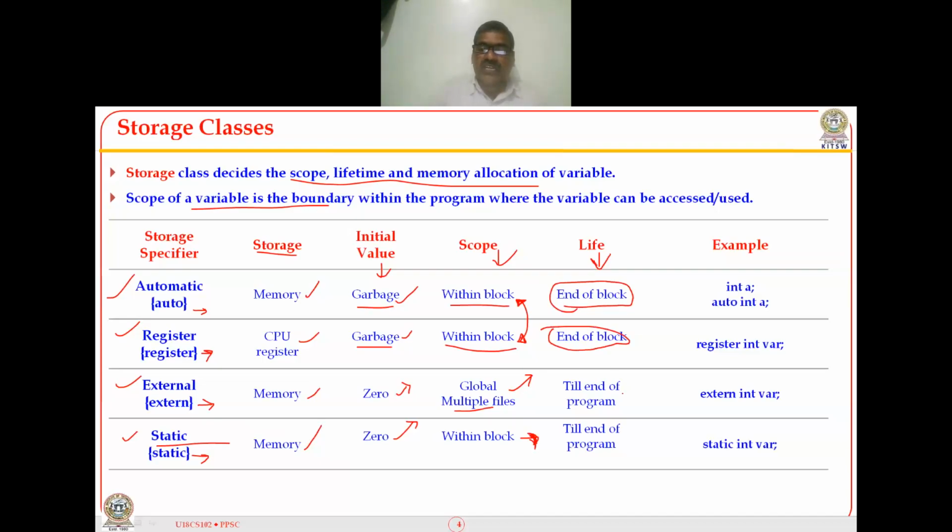Whereas external variables last till the end of the program, and static variables also last till the end of the program. These are examples of how we can declare them: extern int var, register int var, auto int a, static int var. We are just prefixing a storage class before the variable declaration. This is what we call the storage class.